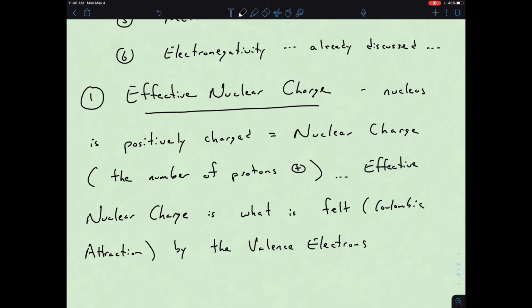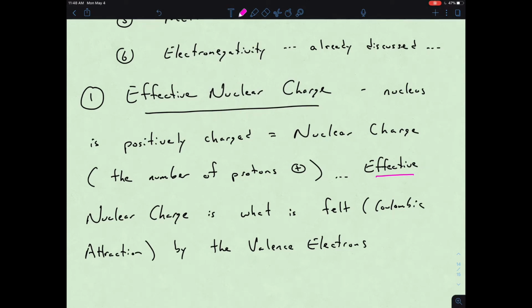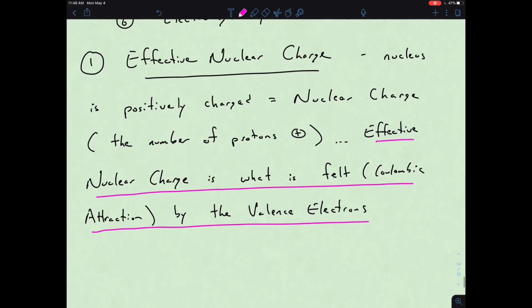So we have this notion of nuclear charge, which would be just the number of protons, but then there's this notion of effective nuclear charge. And that's what's felt by the actual valence electrons.